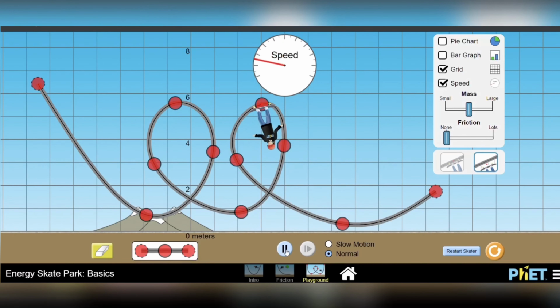Consider this PhET simulation. Look carefully at the speedometer. Let's look at it in slow motion. When the object hits one of the lowest heights, the speed is maximum.